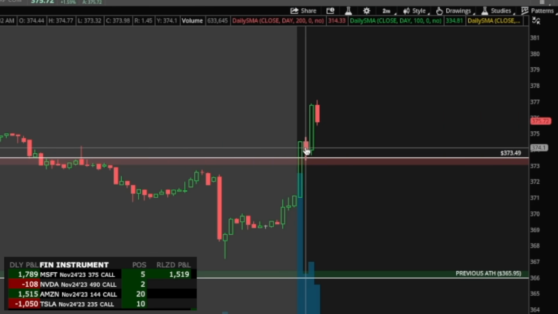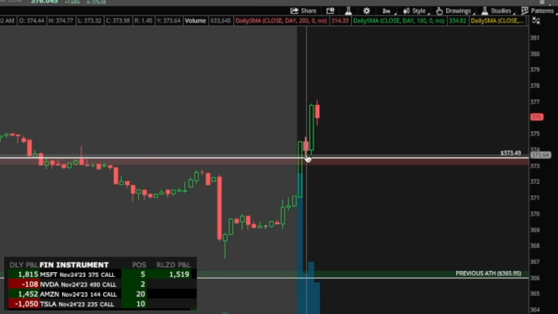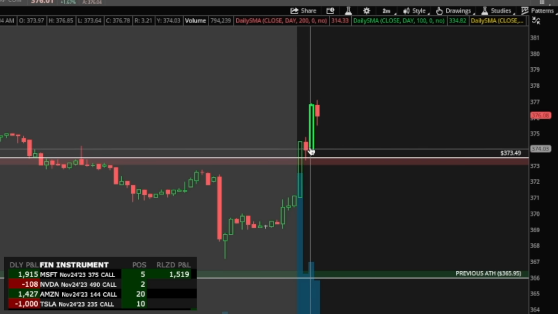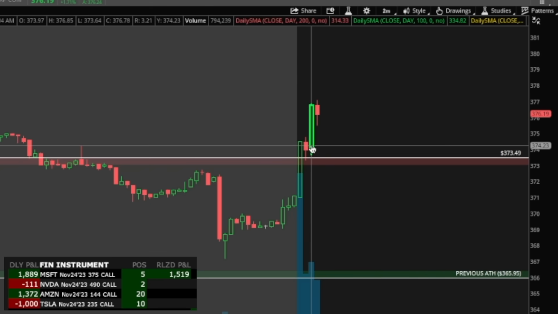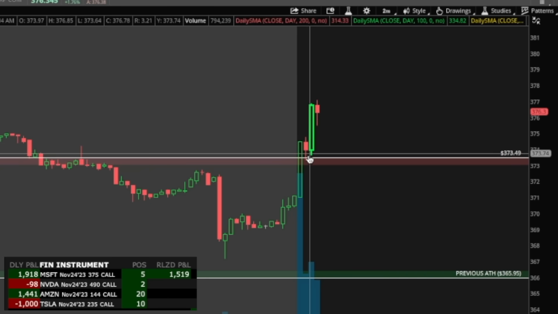So that 2-minute candle on Microsoft at 9:32, you saw that wick hold at our level. And then that next candle, you saw a quick jerk in the green direction, a quick little bounce off that level. And at that point, you just take that long with a stop under that candle low.